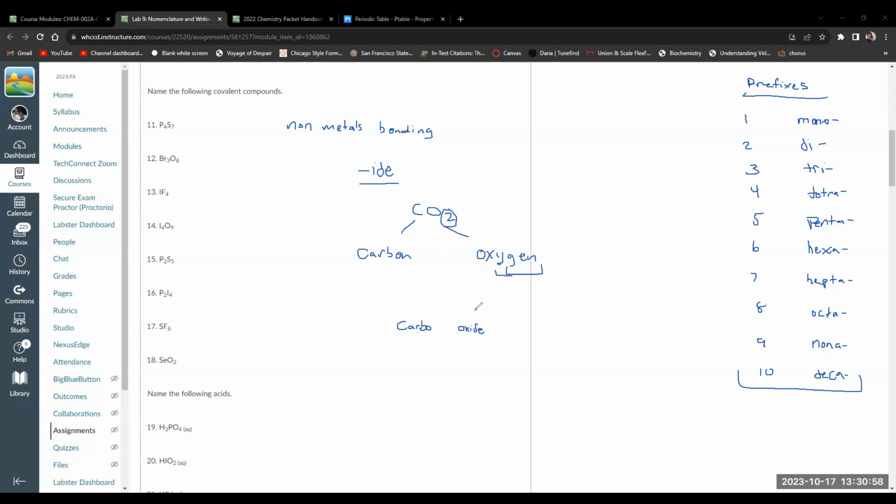So to complete this name, you're going to write carbon dioxide. That di represents the 2, which means there are 2 oxygens, and we attach it to whichever element it coincides with. Pretty easy.